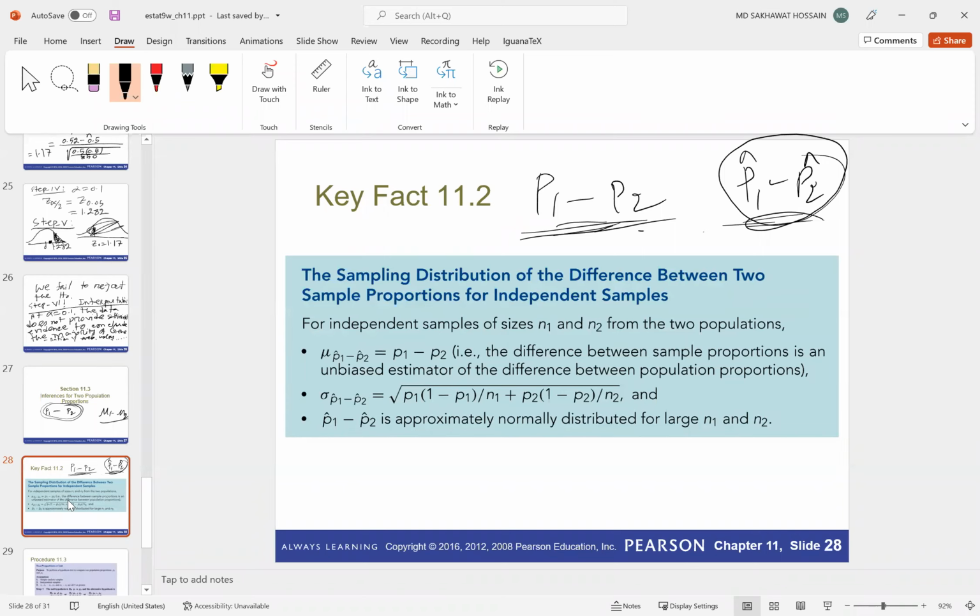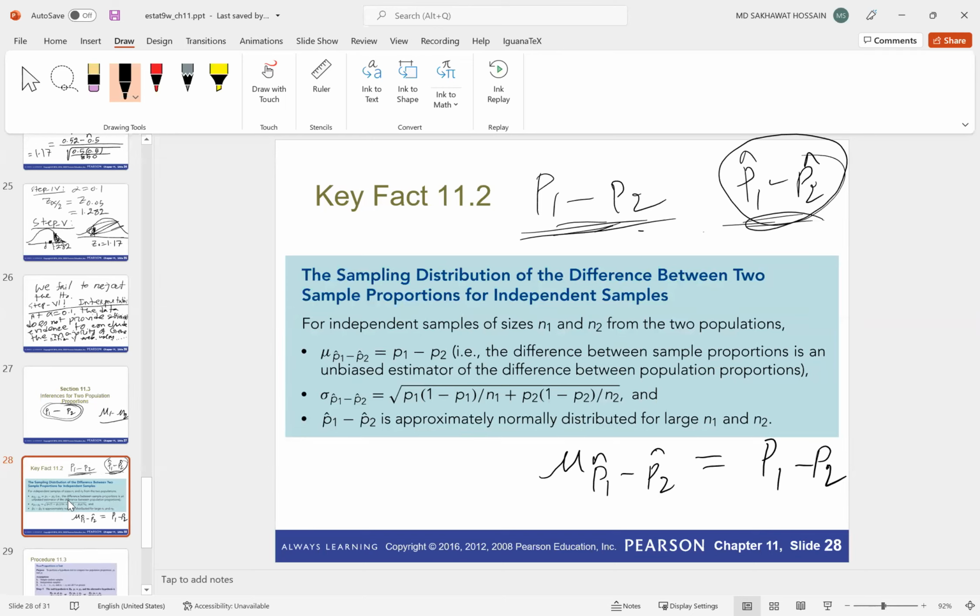To know the distribution, you need to know its mean, mu of P1 hat minus P2 hat. The mean is just the difference of the proportions, P1 minus P2.